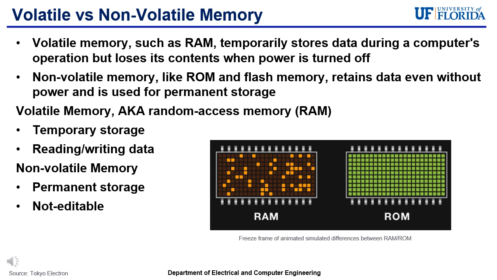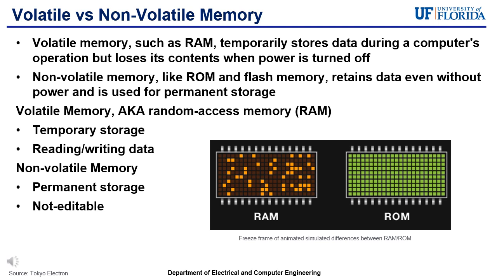However, a significant characteristic of RAM is that it loses its contents whenever the power is turned off, making it unsuitable for permanent storage. On the other hand, non-volatile memory, such as ROM, read-only memory, and flash memory, serves as a reliable solution, as they retain data without even a power source being on.